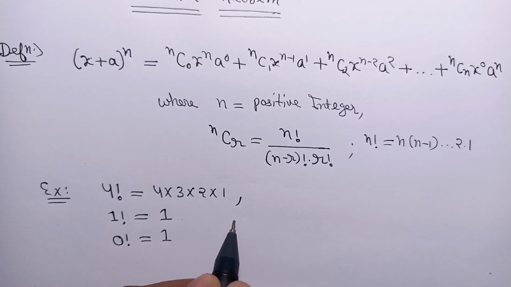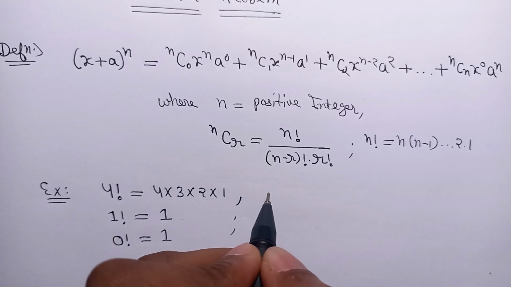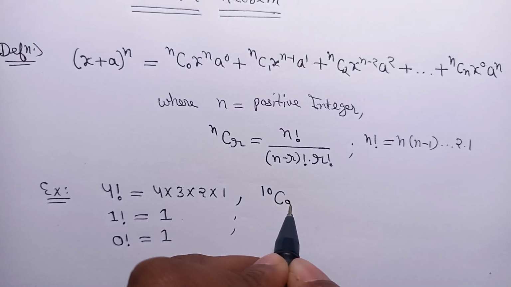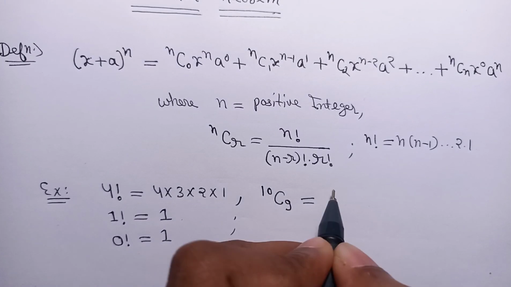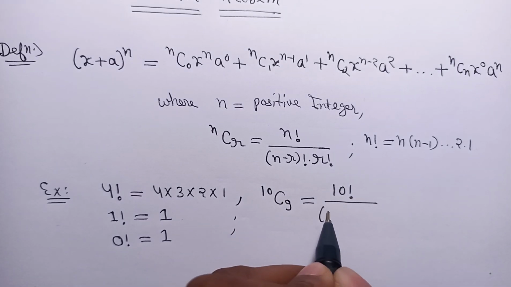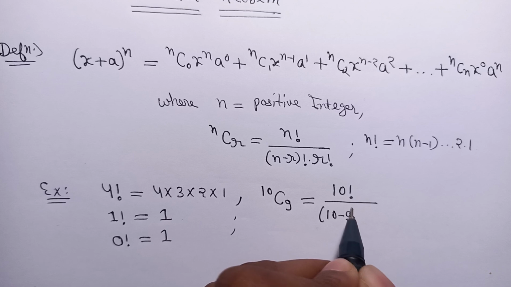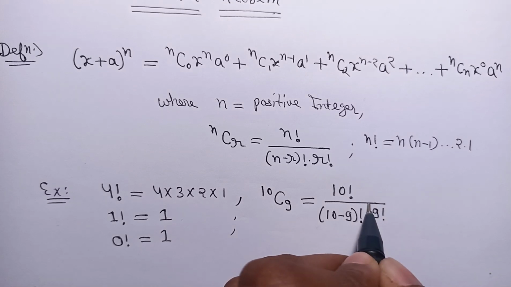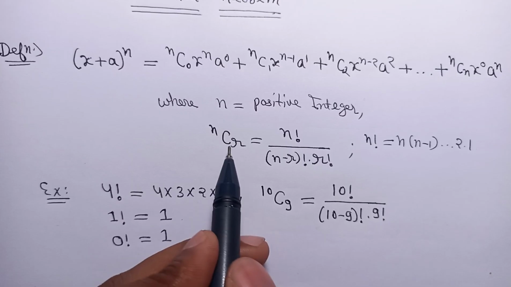And talking about nCr, suppose you have 10C9. 10C9 means you should write 10 factorial divided by (10 minus 9) factorial into 9 factorial. I am just applying the definition of nCr.